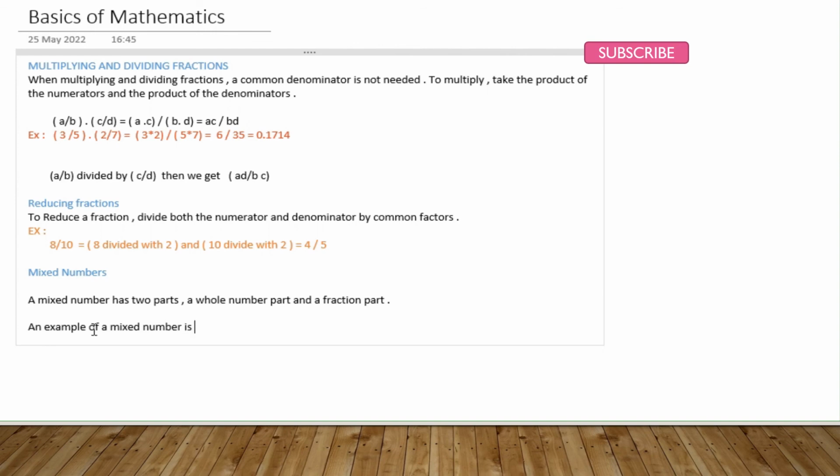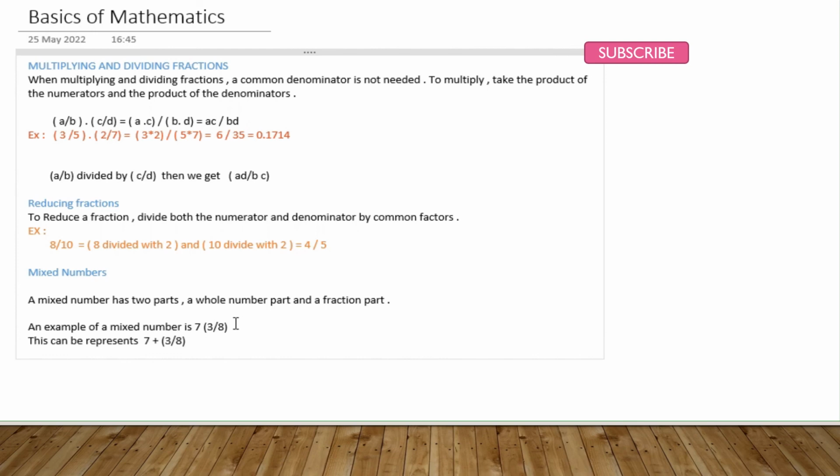I hope you understand mixed fractions. This represents 7 plus 3 divided by 8.